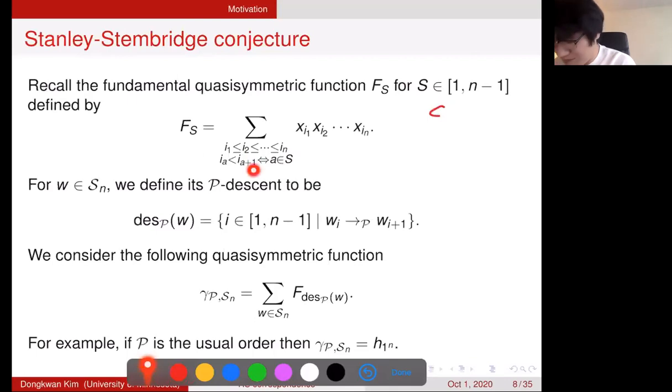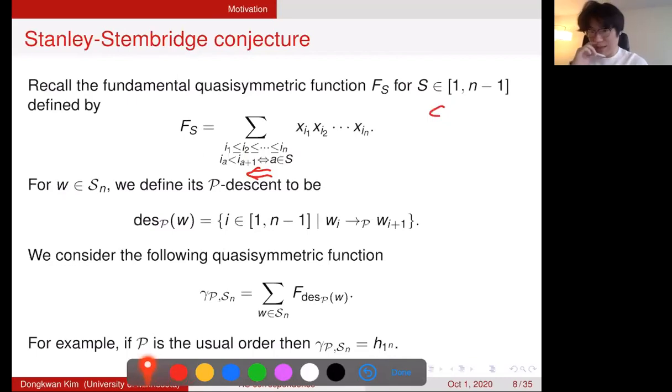Sorry, I should correct it. In that case, you have some monomials, and you see that this is a quasisymmetric function, which is not a symmetric function. So the set of quasisymmetric functions is bigger than the set of symmetric functions. You have some kind of symmetry on this quasi part.